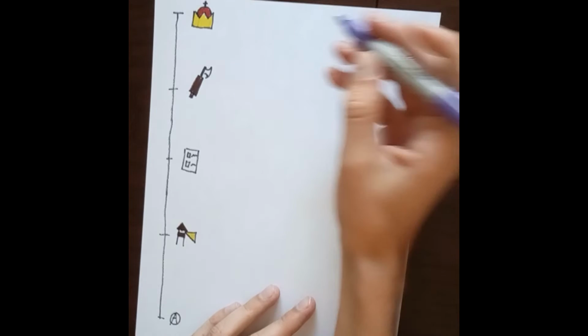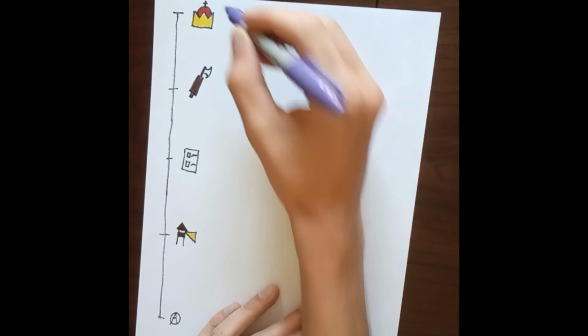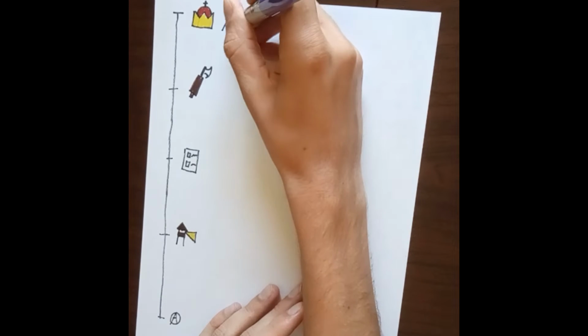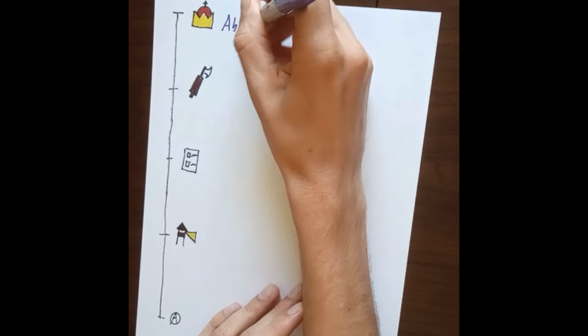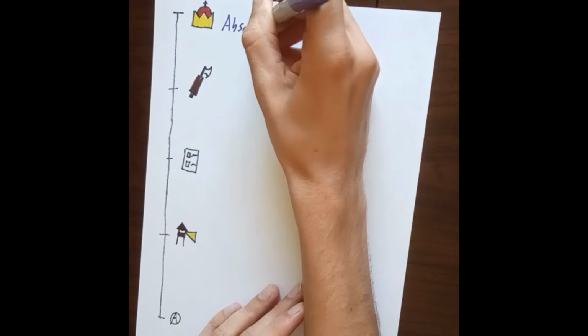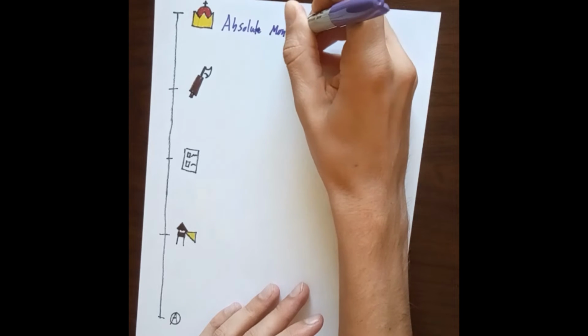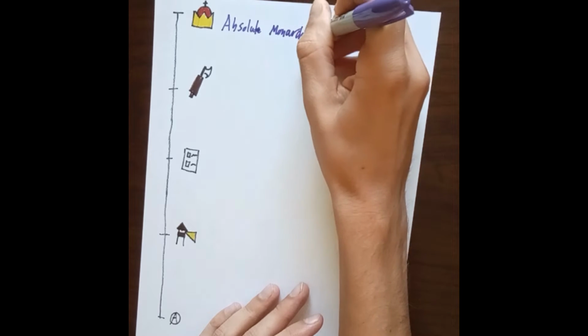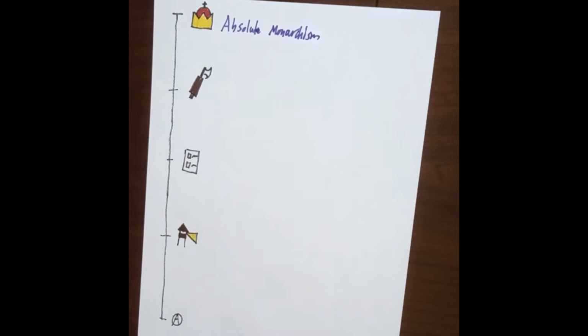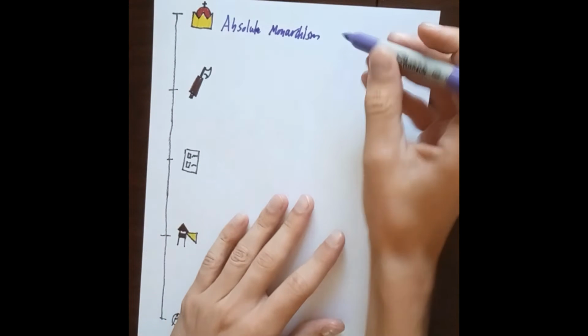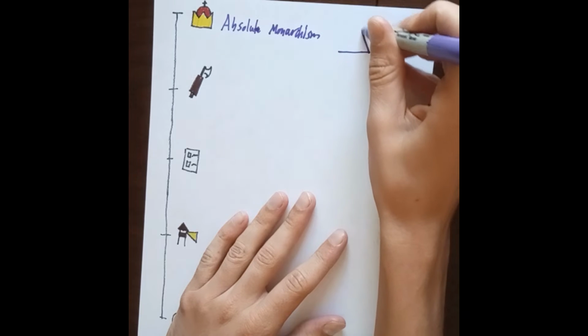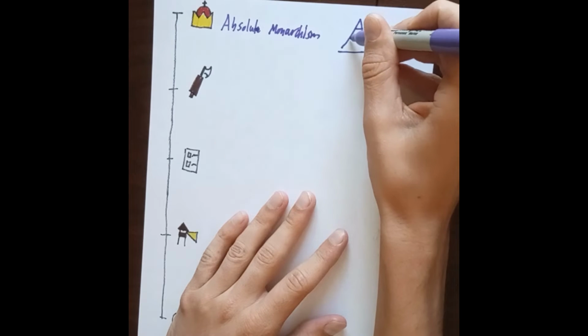Absolute monarchism. All right, so absolute monarchism has this feudalistic structure that is organized by a pyramid.